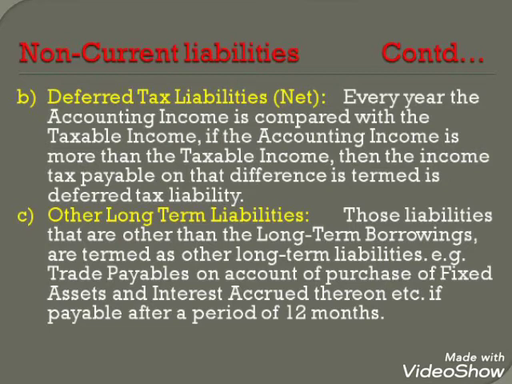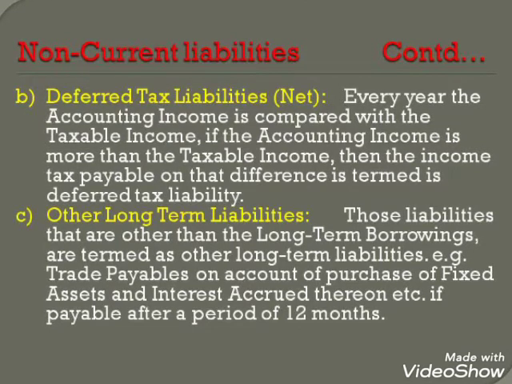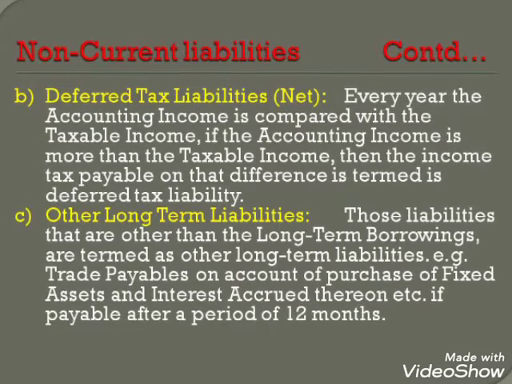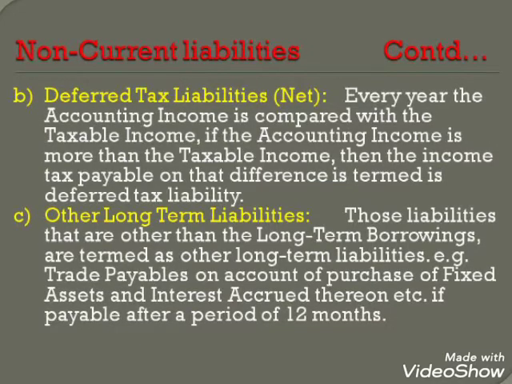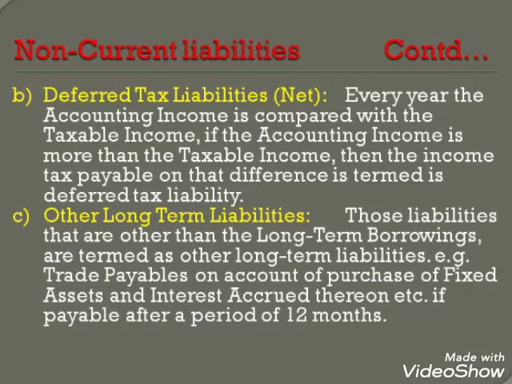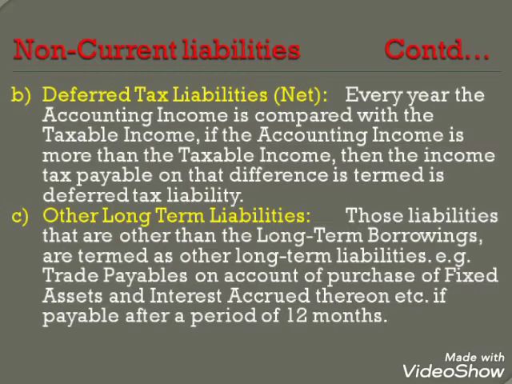Second subhead under non-current liabilities is deferred tax liability net. Every year the accounting income is compared with the taxable income. If the accounting income is more than the taxable income, then the income tax payable on that difference is termed as deferred tax liability.